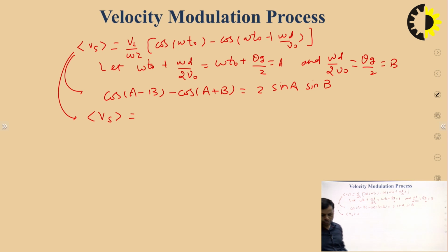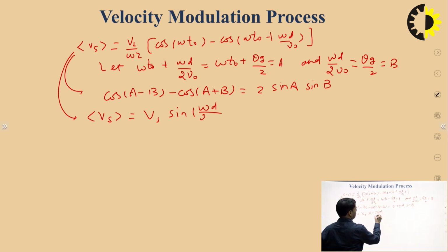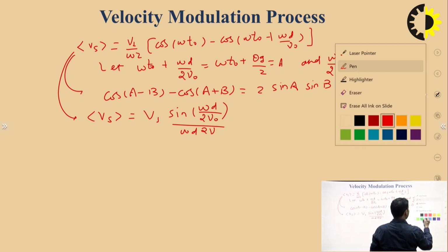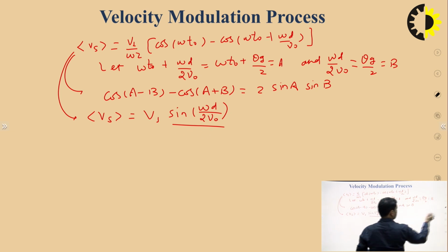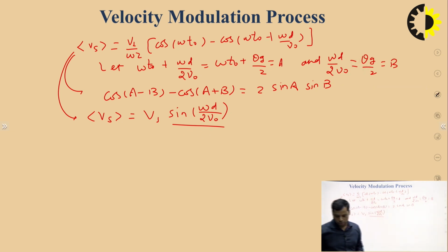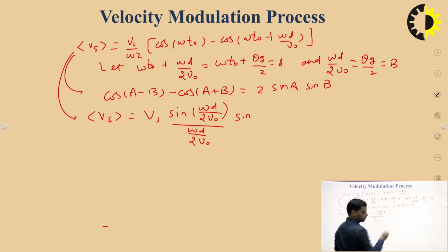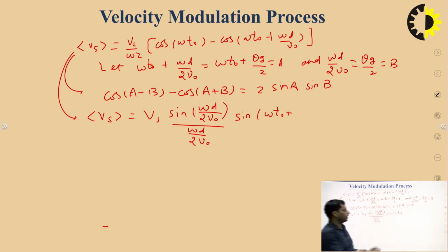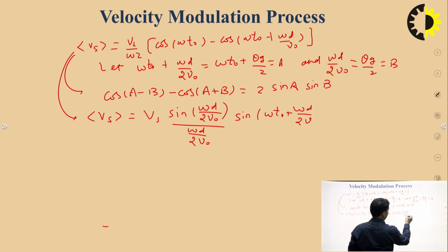Vs is equal to V1 sin(omega d by 2 v naught) upon (omega d by 2 v naught) into sin(omega t naught plus omega d by 2 v naught).